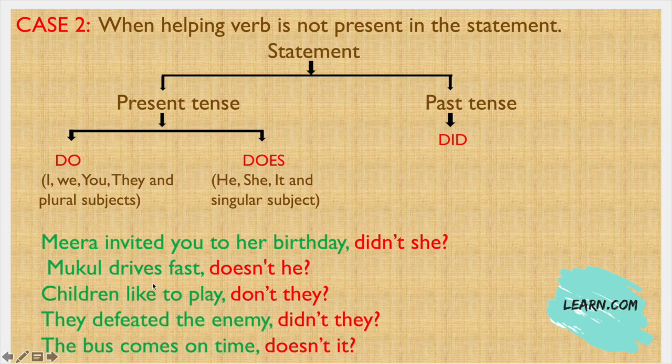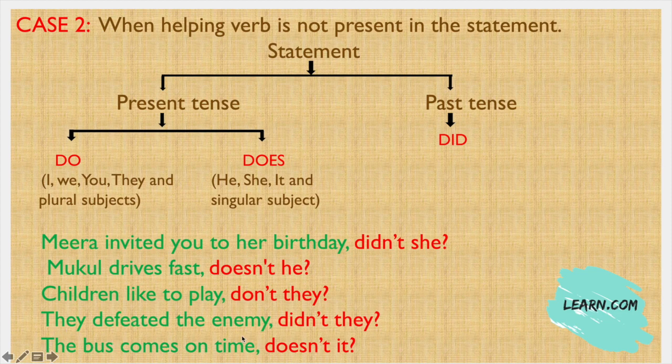Now why don't they? Because for children, the pronoun we have to use here is they. Now where can we find they? See, they falls under do. So they is always used with do. That is why we are using the helping verb do and the pronoun they. Since the statement is positive, we are adding not here. Don't they?